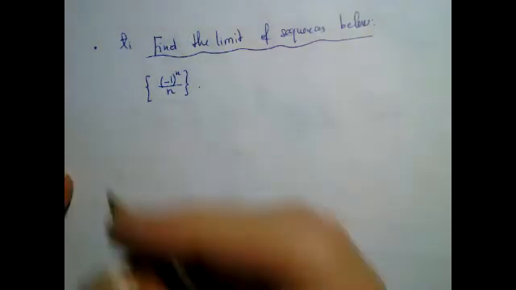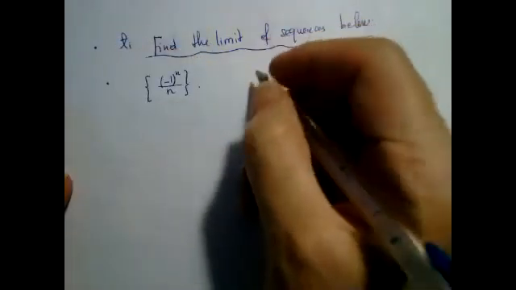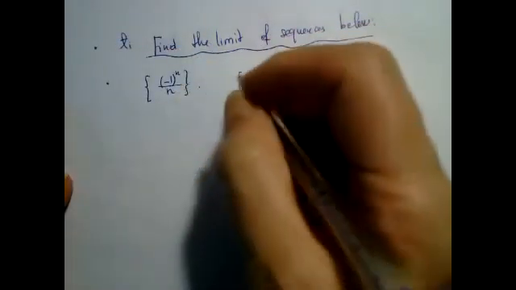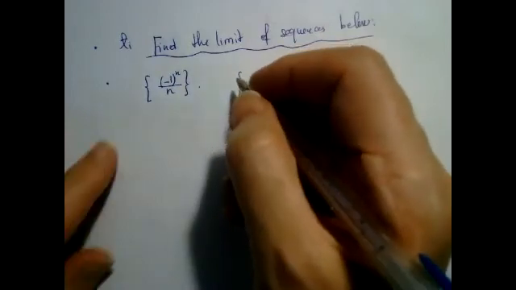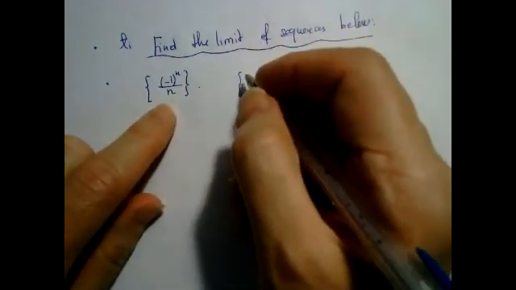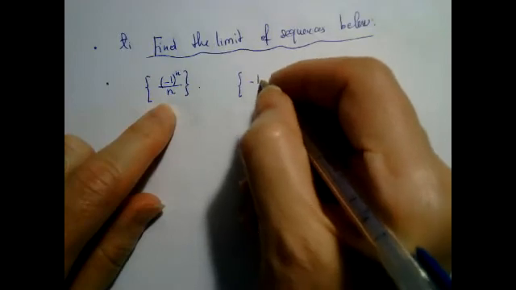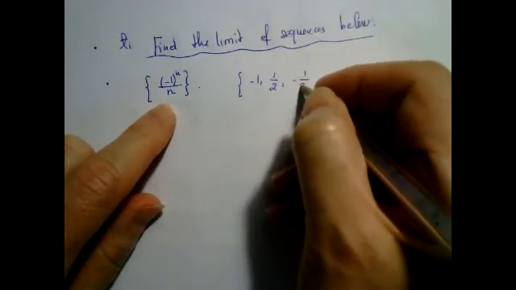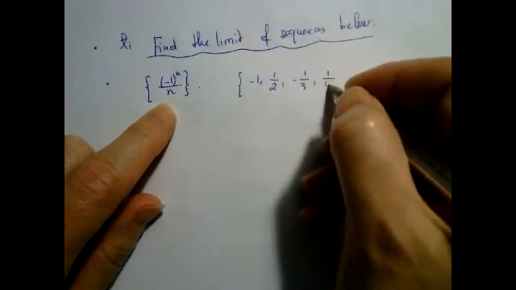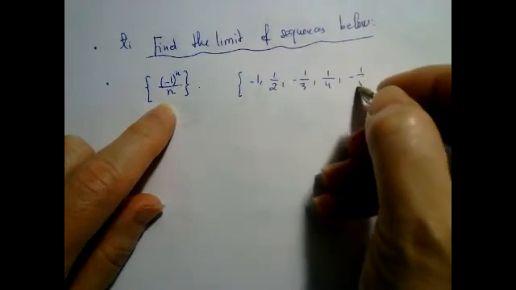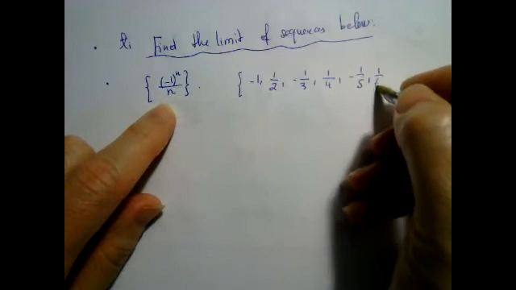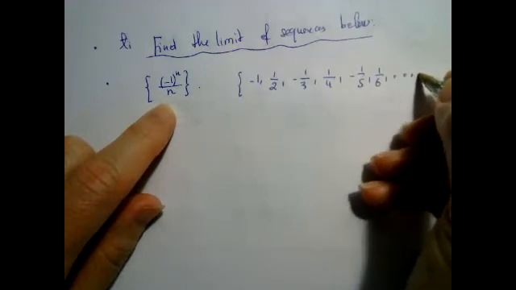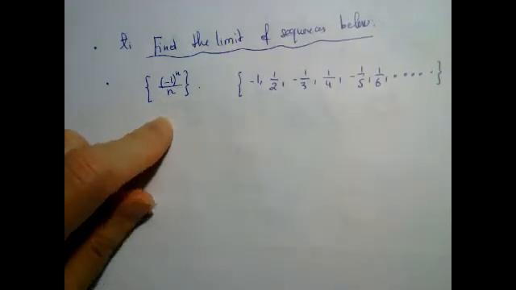So this is my sequence. The terms are, if I start at 1: minus 1, a half, minus a third, a fourth, minus a fifth, and the terms are alternating, positive, negative, and we keep going.